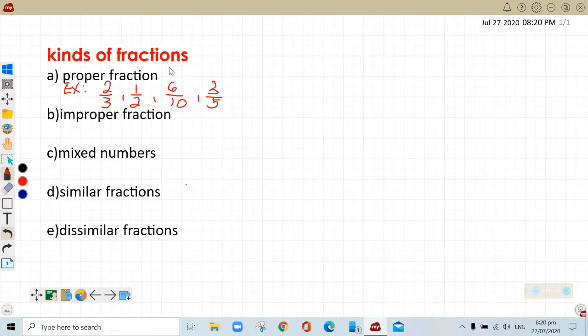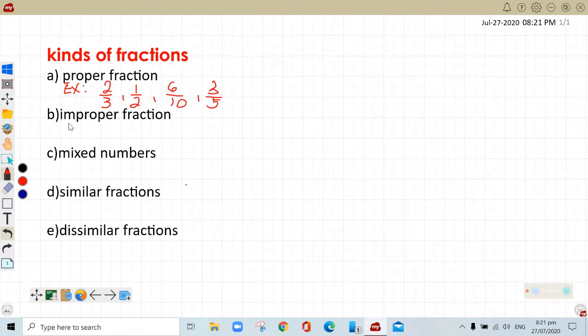As you can see here, I told you a while ago that proper fractions are fractions that have a smaller numerator when you compare it to the denominator. So ibig sabihin, ang proper fractions, fractions na kung saan ang numerator ay mas maliit compare siya sa denominator. Okay, so that's proper fraction.